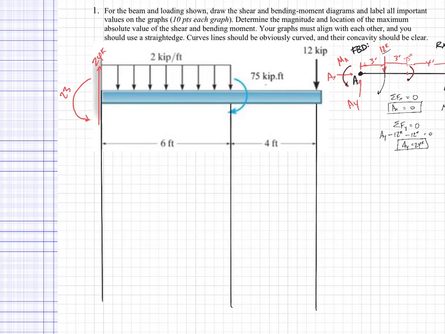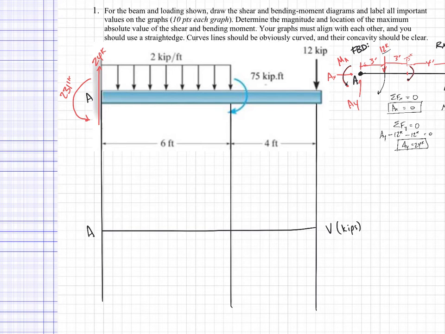Not my best drawing of a moment, but what do you do? Then I've drawn the vertical lines anywhere where things change, where something interesting could happen. My ruler slipped. Anyway, this is my shear in kips. And by putting kips there, I don't need to write the units as I move through.